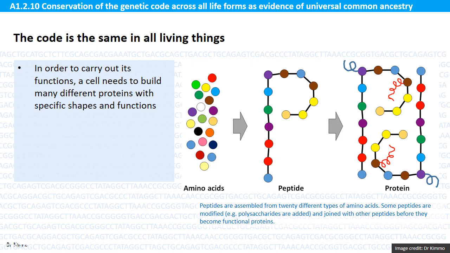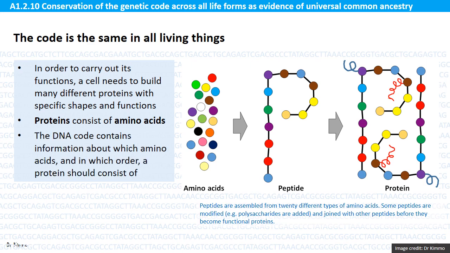In order to carry out its functions, a cell needs to build many different proteins with specific shapes and functions. Proteins consist of amino acids, and the DNA code contains information about which amino acids and in which order a protein should consist of.